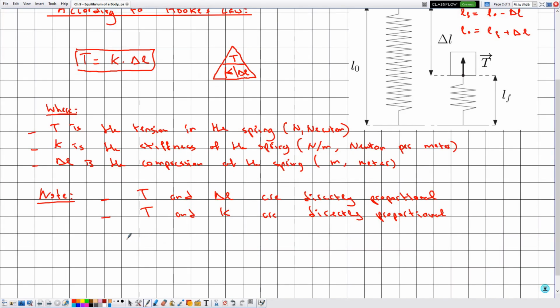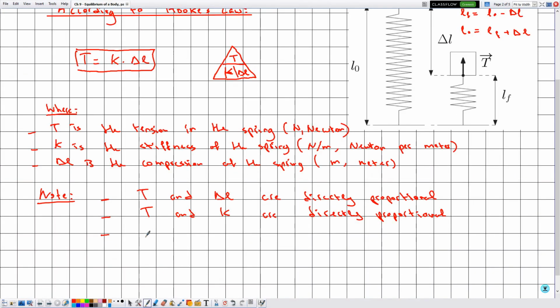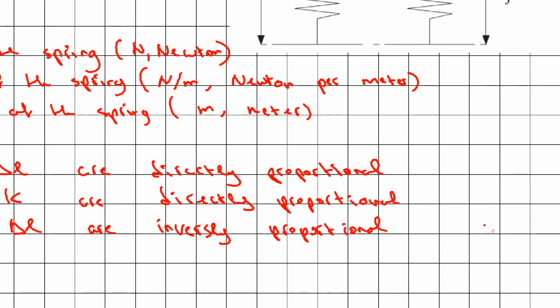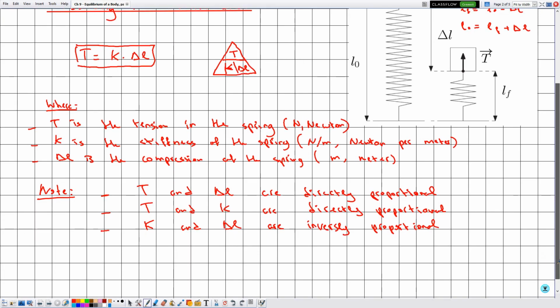K and delta L are inversely proportional. So if K, for example, increases, delta L decreases. So recall that directly proportional means that they behave in the same manner, and inversely proportional means that they behave exactly opposite to each other.